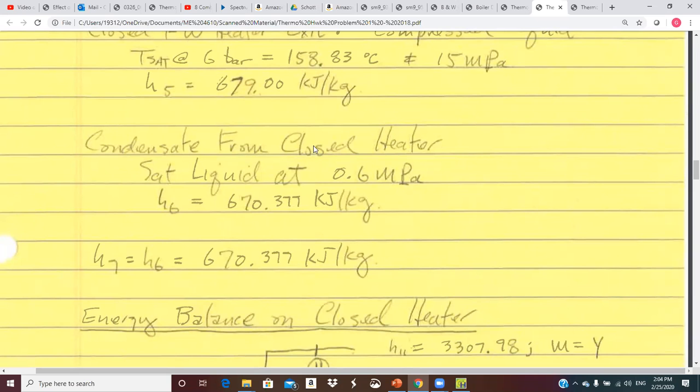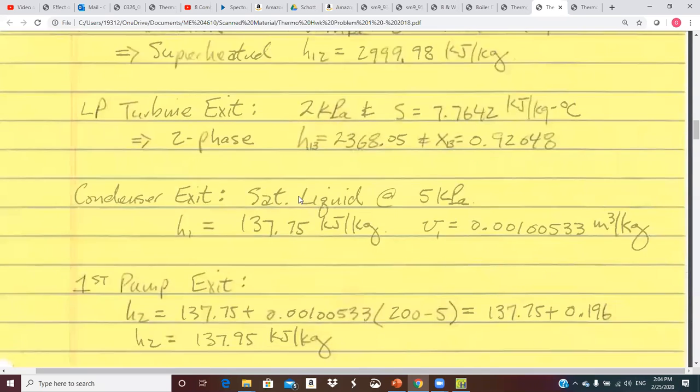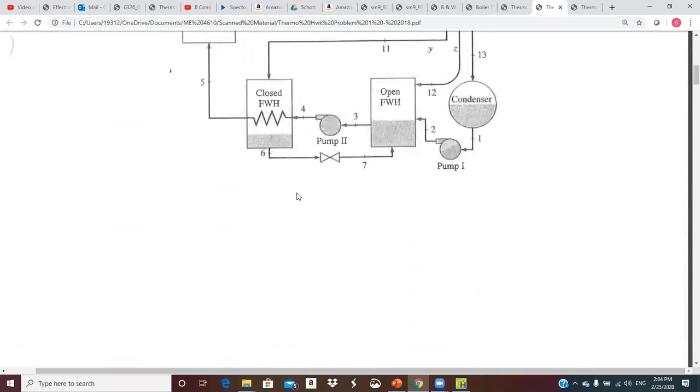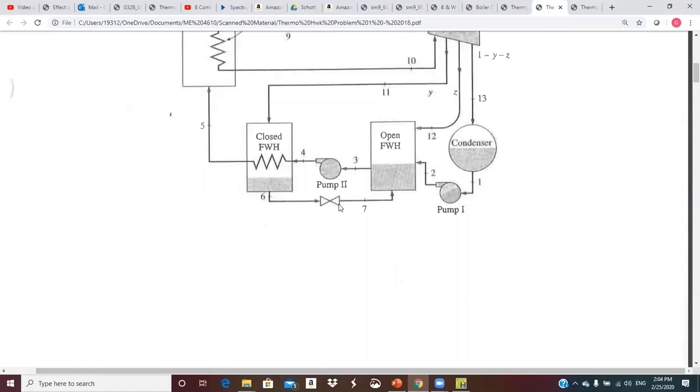Condensate from the closed heater is saturated liquid at 0.6 MPa. That's just a lookup, saturated liquid at a pressure. And then this is the trap, which is just a throttling process.